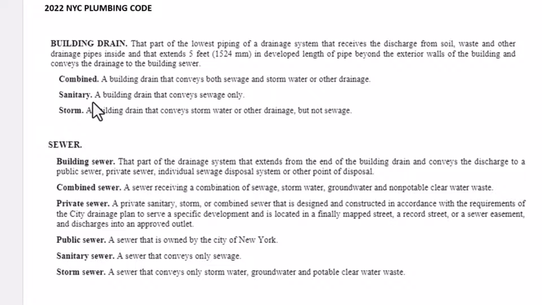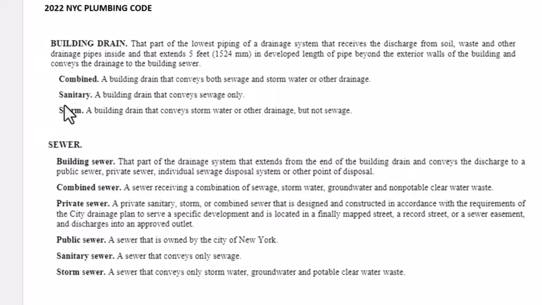So the sanitary is a building drain that conveys sewage only, and a storm is a drain that conveys stormwater but not sewage. So stormwater is anything such as rainwater that collects in drainage, in your front yard or your rear yard, or from roof drains.